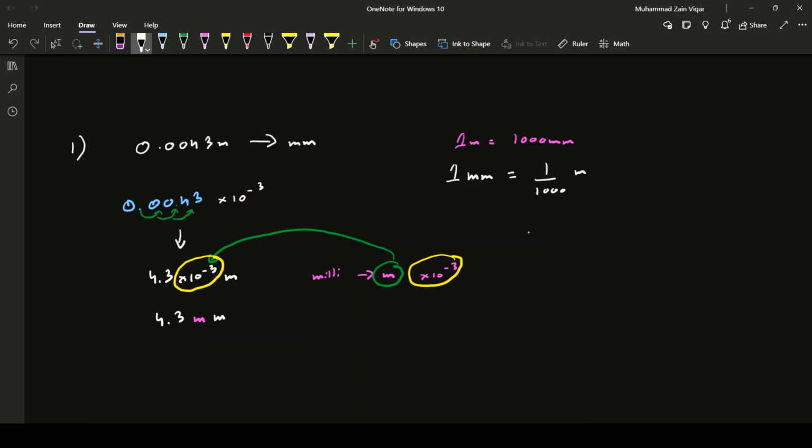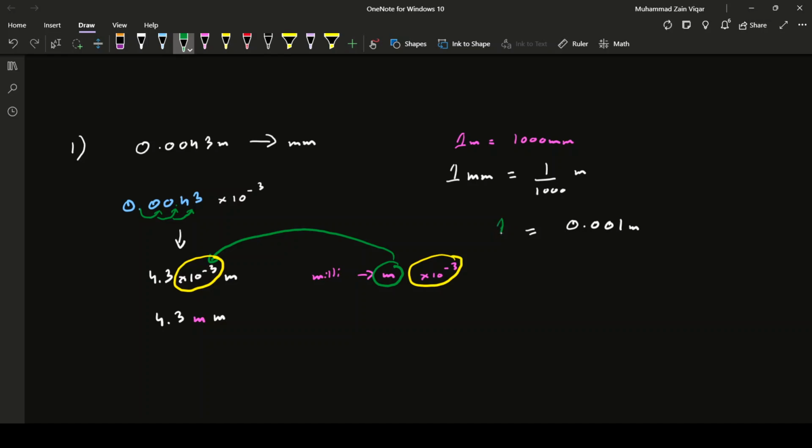And this 1 over 1000 meters turns out to be 0.001 meters.